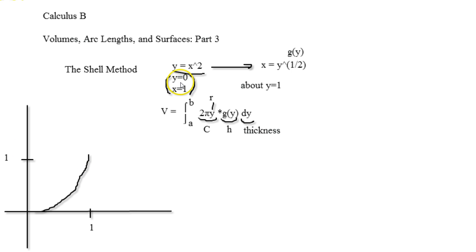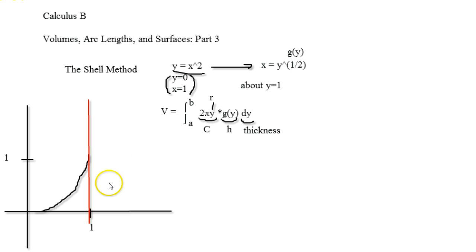Now we are bounded by y equals 0, which is going to be our horizontal line down here, and we're going to be bounded by this one right here. So here's what our boundary line is going to look like. I'll move it over a little bit just so we can all see it better.